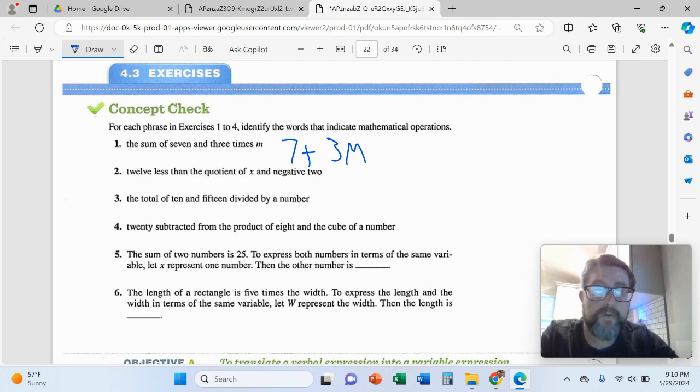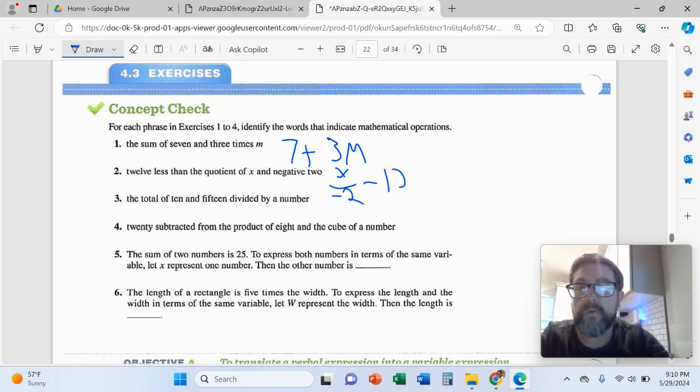And number 2, 12 less than the quotient of x and negative 2. So we go x divided by negative 2, and it's 12 less than the quotient. So we go minus 12.